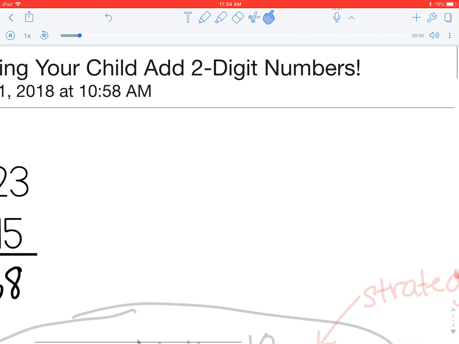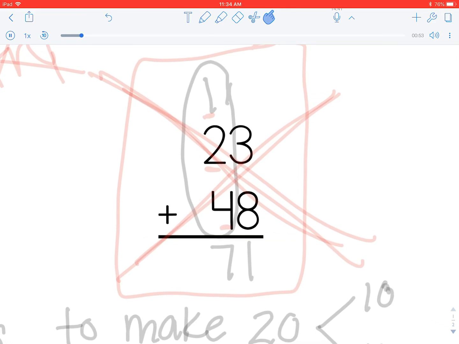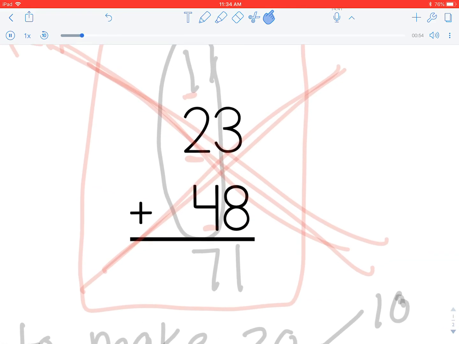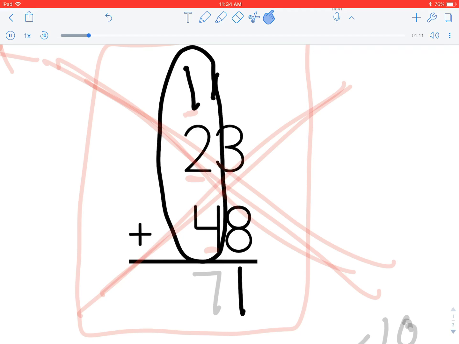Then we come to problems like 23 plus 48. Again, doing how we were taught, 8 plus 3 is 11, so I put a 1 down here, carry the 1, and then I add all of these numbers up, and there we go.